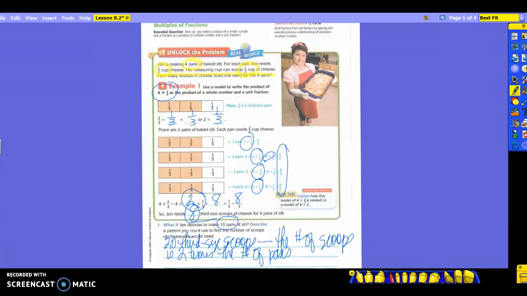So you can't leave off what your parts are. They were in third parts, so we still have to use that no matter if we're changing our amount of pans or not. Number of scoops is 2 times the number of pans, or what we call doubling it. Because 2 pans was 4 scoops, 3 pans was 6, 4 pans was 8, so if we're taking 10 pans, we know we're going to double that to 20.